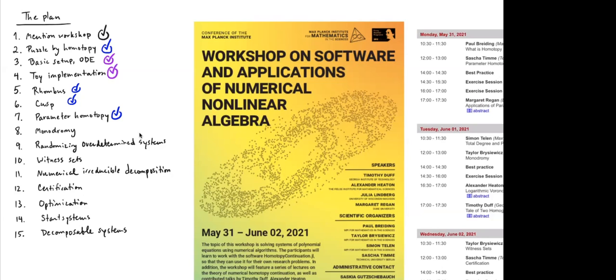On Tuesday, we covered roughly these first 7 items, and these were giving sort of the basic ideas of how to solve polynomial systems of equations by what's called homotopy continuation.